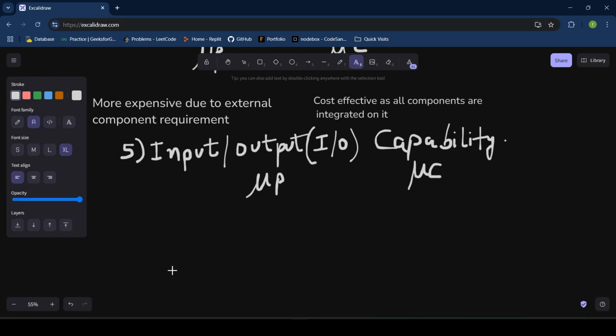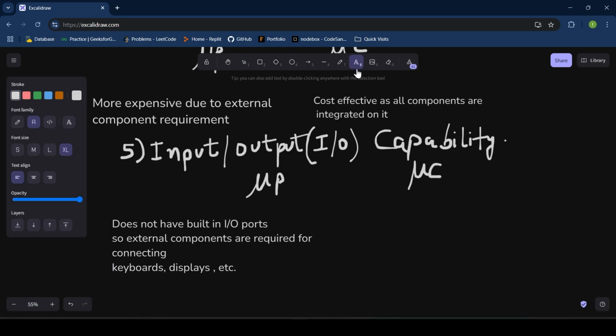So as the microprocessor does not have built-in input-output ports, external components are required if we want to connect devices like keyboard, displays, etc. And whereas microcontrollers, as they already have built-in ports, allow you to directly connect sensors, motors, LEDs, or many more devices.